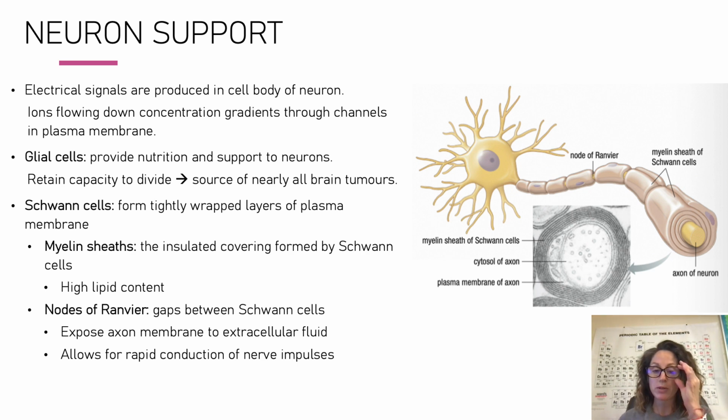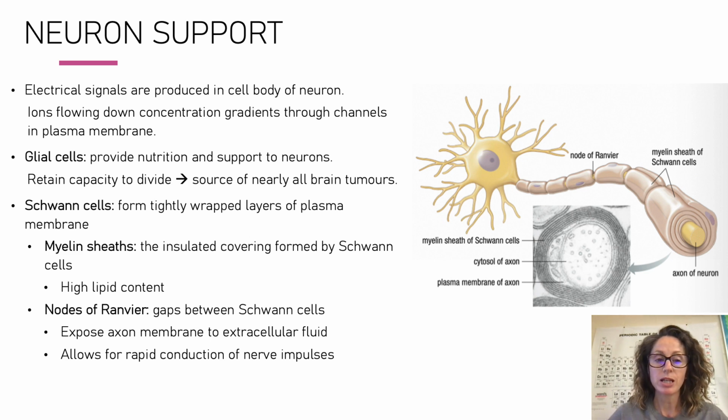So let's talk about some more structure of the neuron. So we talked about the basic structure of the neuron with the dendrites, the cell body, the axon, and the axon terminal. But there's actually a whole lot more going on. And you might remember this from our first unit. I think I literally took this slide and put it in there, but we'll talk about it again. So electrical signals, we're going to talk about in a couple lessons.